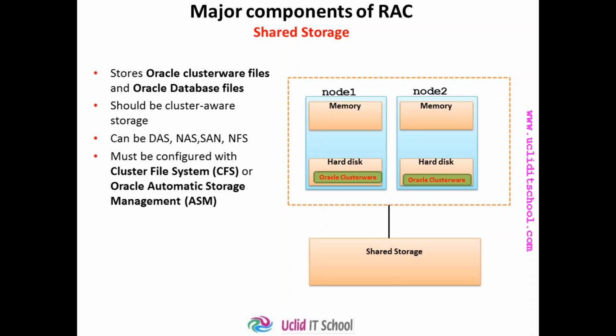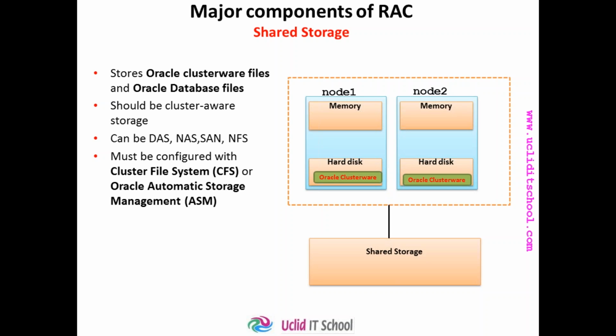This shared storage must be configured with a cluster file system, or Oracle ASM, which provides a cluster file system. You cannot implement a regular file system on the shared storage because the regular file system allows only one node to access the files. But here multiple nodes will access the files on the shared storage.